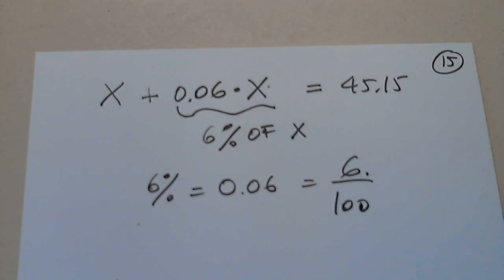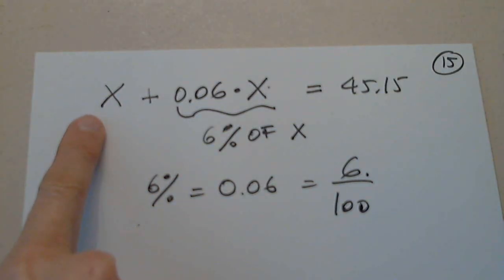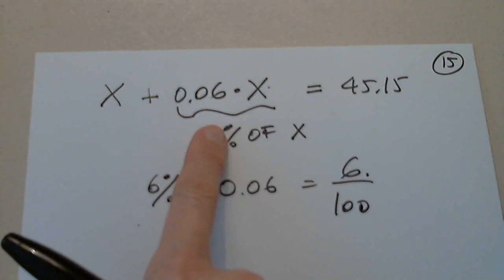So let's solve this equation. To 1x, we're adding 0.06x.